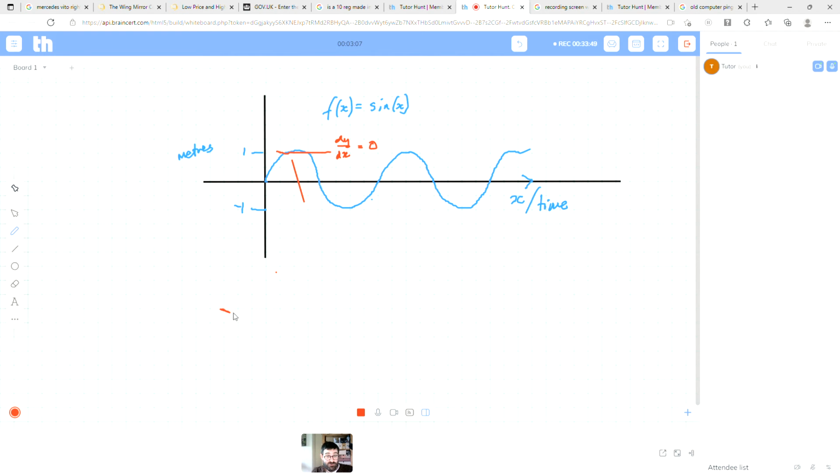So this is the beach going down, this is the sea at low tide, and then this is the level of the sea at high tide. And we'll call this the midpoint.